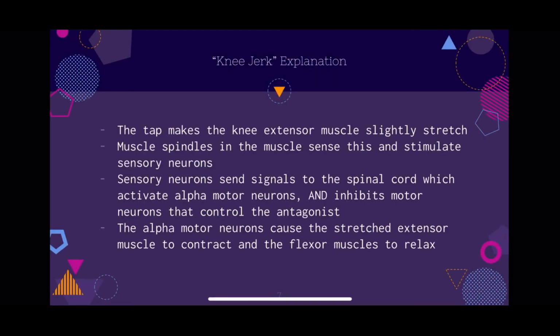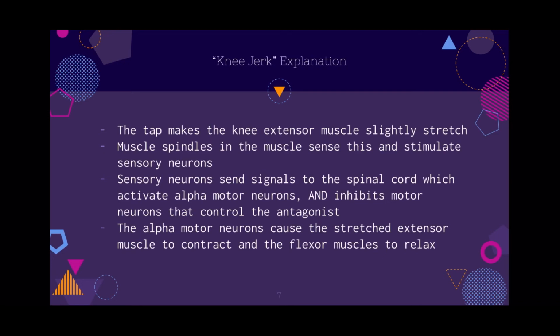Now we're going to talk about why this happens. When you tap below your kneecap, this makes the knee extensor muscle slightly stretch, and so the muscle spindles in the muscle sense this stretch, and they stimulate the sensory neurons.